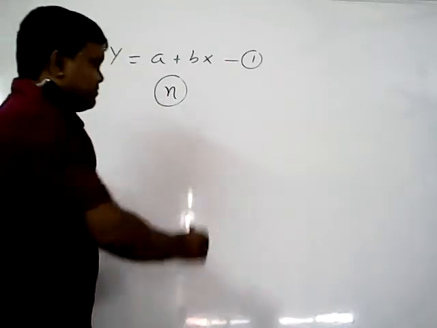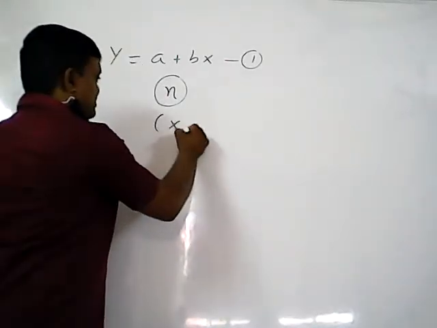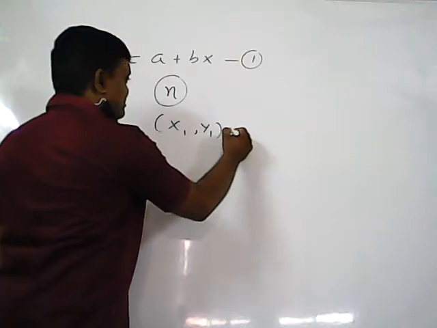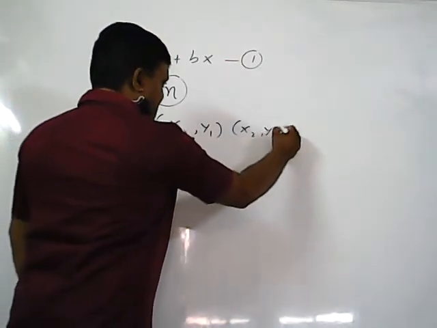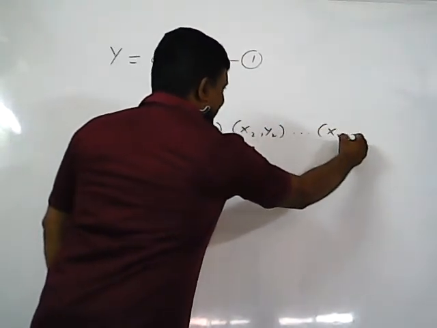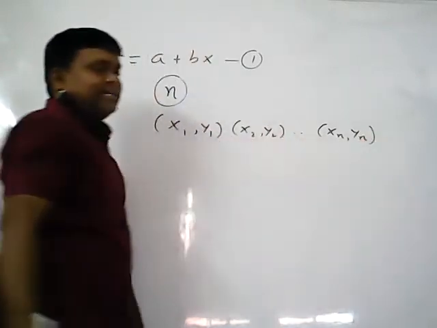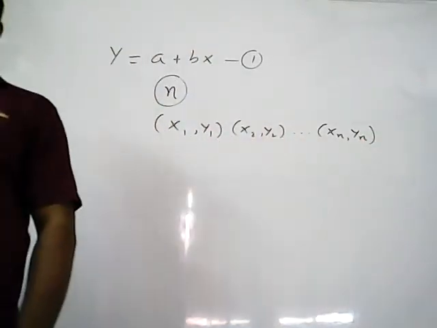What are the n pairs of observations that we will take? x1 comma y1, x2 comma y2, and so on, xn comma yn.